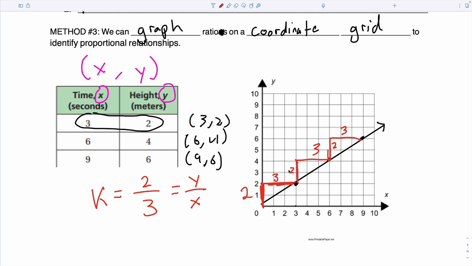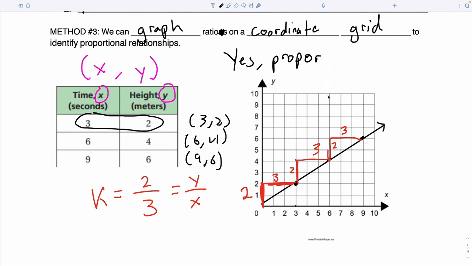Every time it is proportional, it will have a constant that you can see on a graph. In other words, what does the line look like when you graph it? It looks like a straight line. It goes in a straight direction up a certain way. It also starts at 0, 0. This thing we can look at and immediately say, yes, it's proportional.